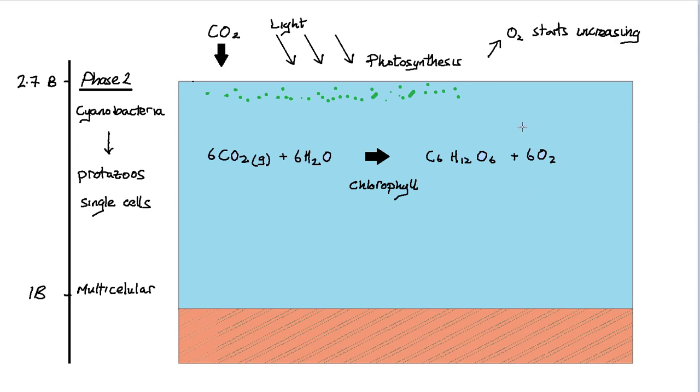So the level of oxygen is going to start increasing very slowly at first because the amount of photosynthesis going on is not that much at the moment, but gradually as the number of photosynthesizing organisms start to reproduce and increase and evolve into more complex multicellular organisms such as plants, then the level of oxygen will start increasing more and more, and the level of carbon dioxide will start to decrease.